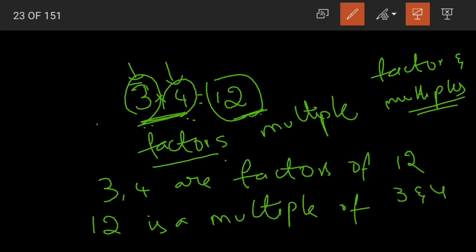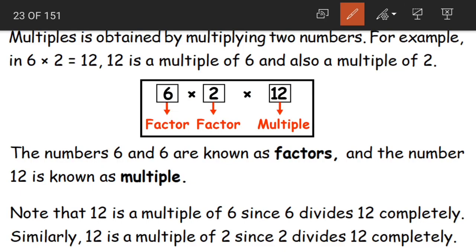What can we conclude from the multiplication statement? We can conclude that 3 and 4 both are factors of 12 and 12 is a multiple of both 3 and 4. The numbers 6 and 2 are known as our factors and the number 12 is known as the multiple.